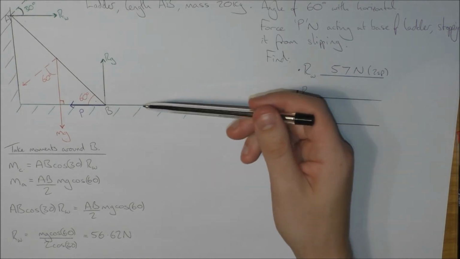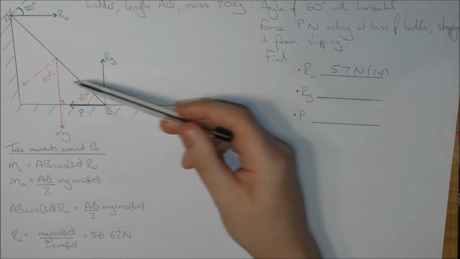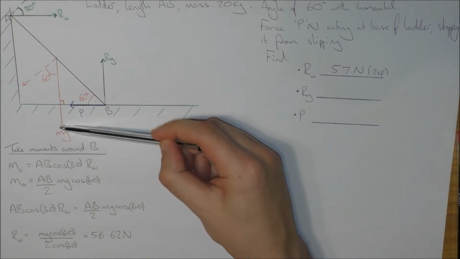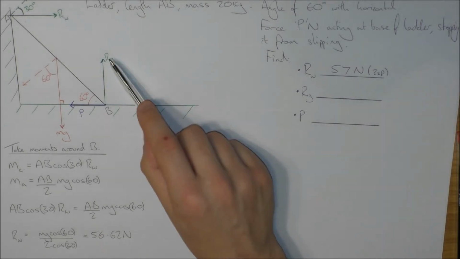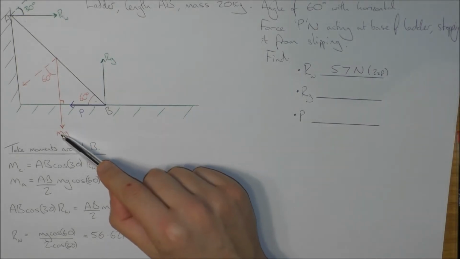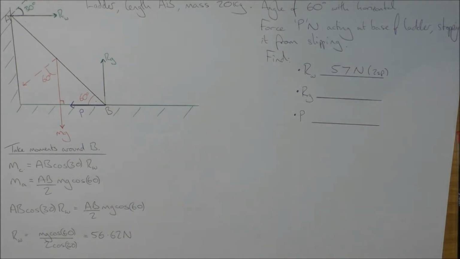The only vertical downwards force is mg. So I know that Rg must equal mg. So the reaction force from the ground must equal the mass times the gravitational field strength.